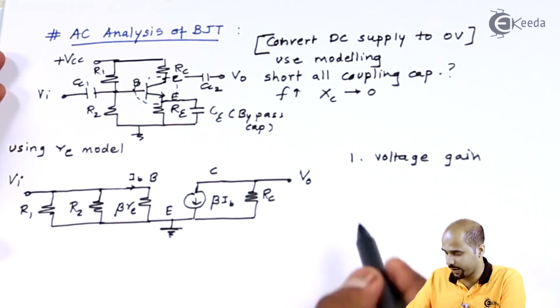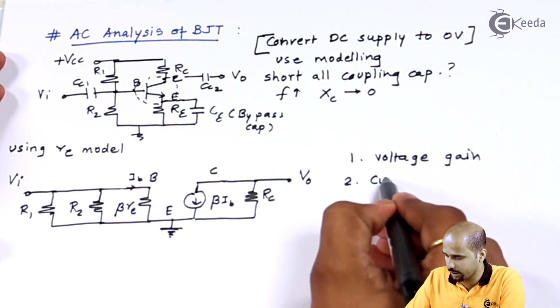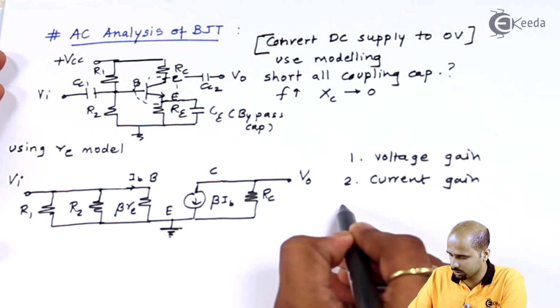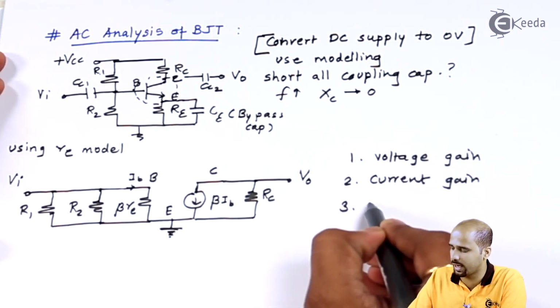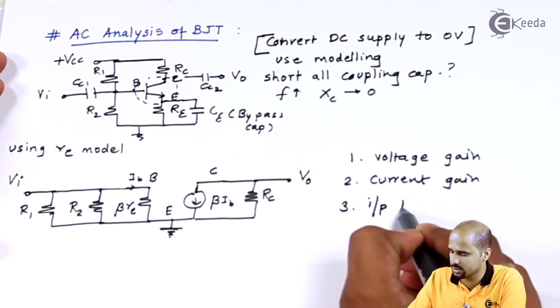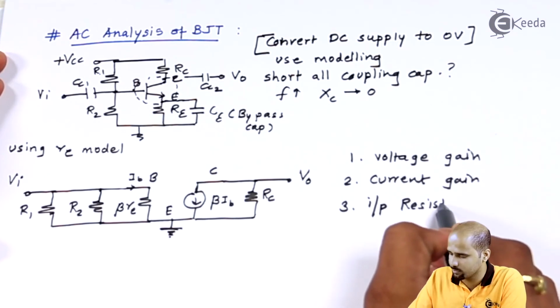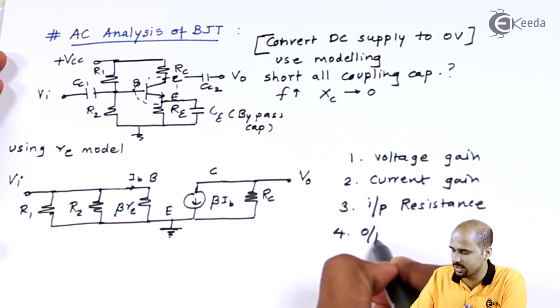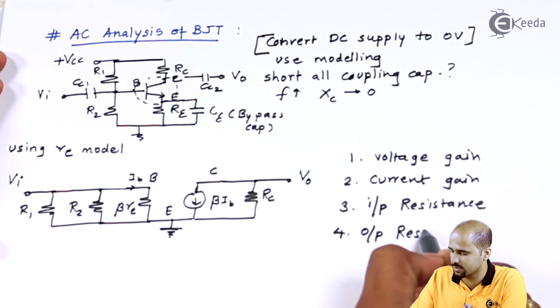Second parameter we have to find is current gain. Third parameter we have to find is input resistance. And the fourth parameter we have to find is output resistance.